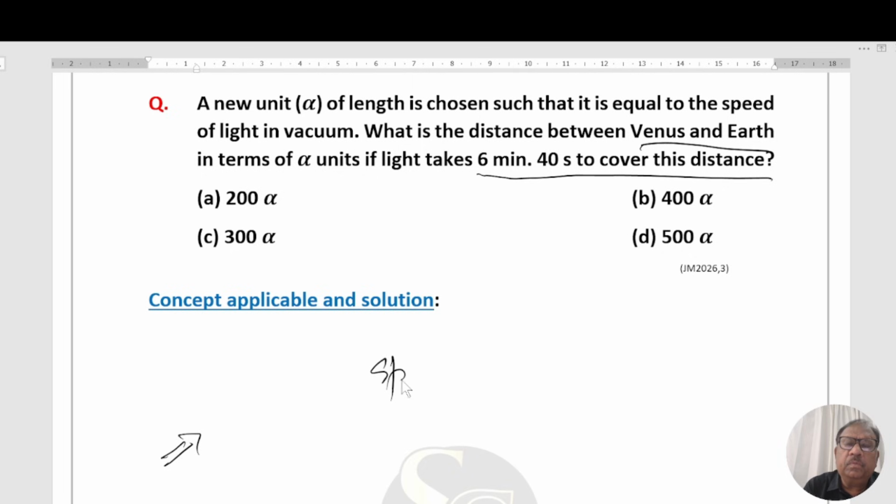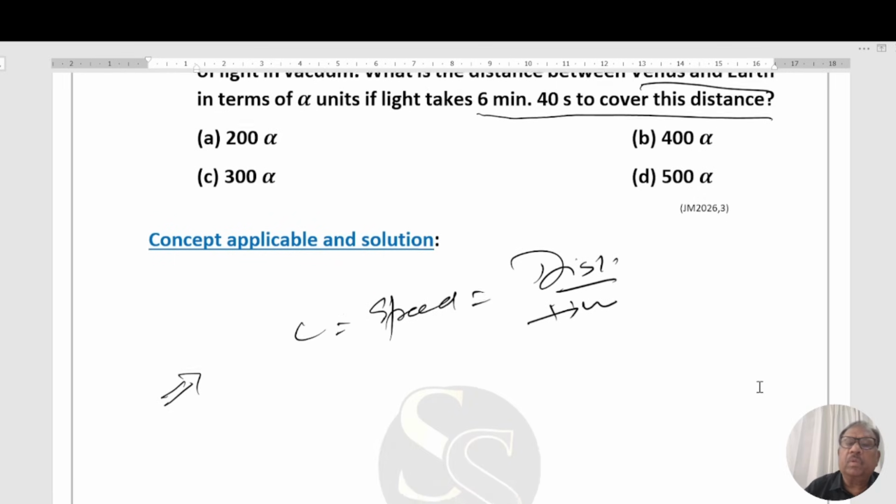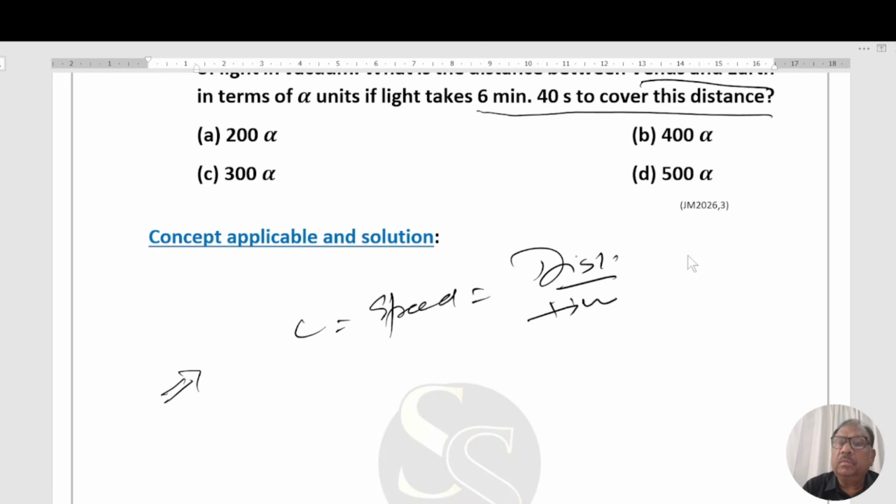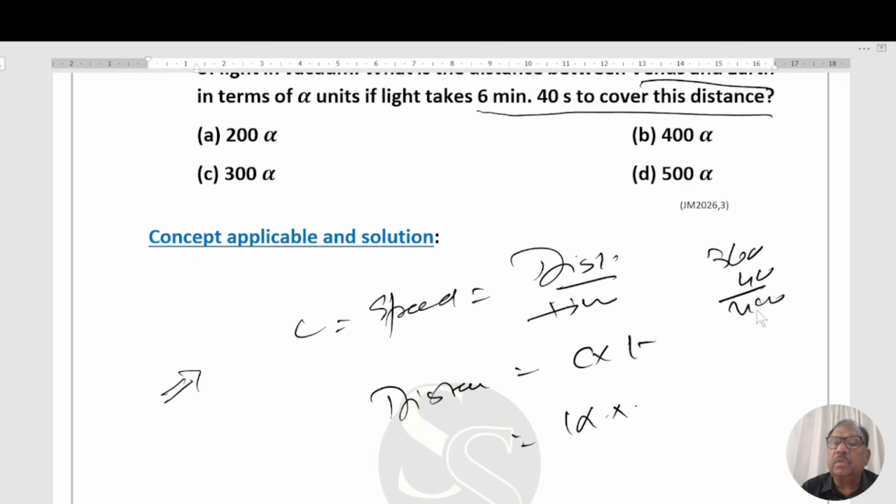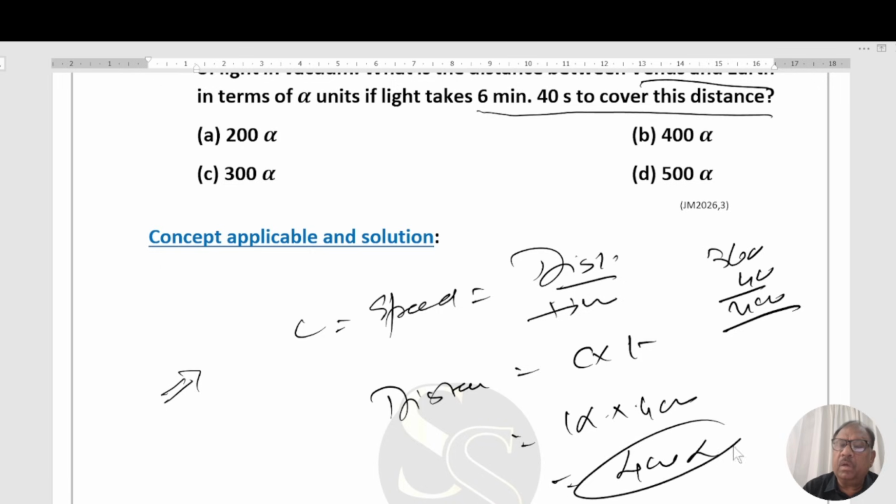You know speed equals distance upon time, so distance equals c into time. That is 1 alpha into time, which is 360 plus 40, 400 seconds. So that comes out to be 400 alpha. B is the correct answer.